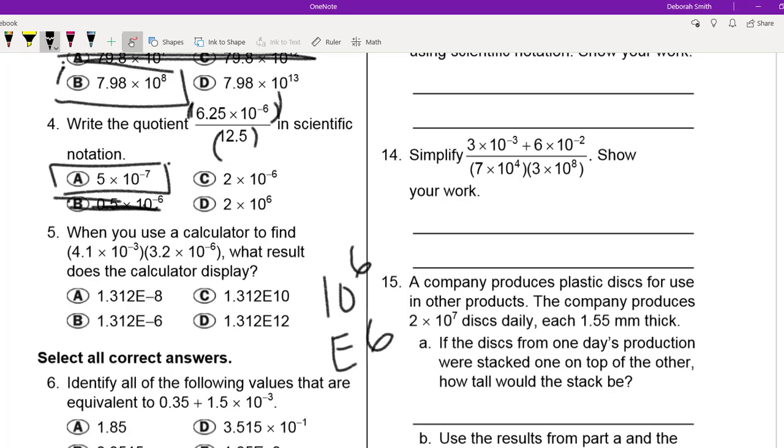So if you ever see that, and you probably will at some point, just know that that's what it means. It means a base of 10 exponent of whatever number follows. So when you put this in the calculator, you get what you get. You're going to pick this one for number 5.